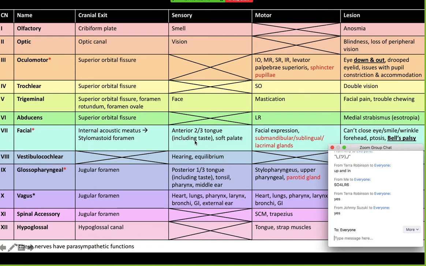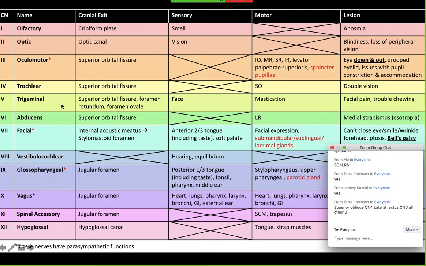So that's going to help you remember those two muscles that aren't innervated by the oculomotor nerve. So SO4, superior oblique cranial nerve 4, the trochlear nerve, and LR6, lateral rectus cranial nerve 6, abducens nerve. So that right there should get you some points.